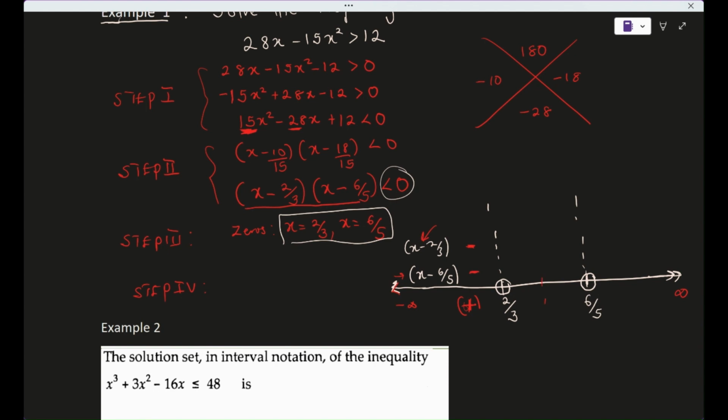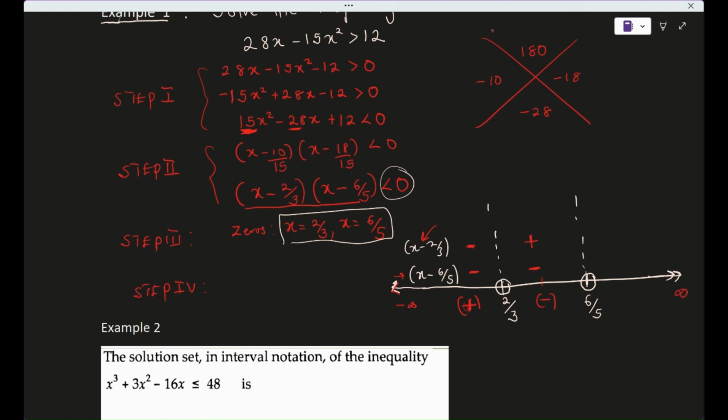If you substitute 1, 1 minus 2 over 3 is going to be a positive number because 1 is bigger than 2 over 3. Now, 1 minus 6 over 5 is going to be negative because 1 is less than 6 over 5. So here, plus times minus, we're going to have minus.